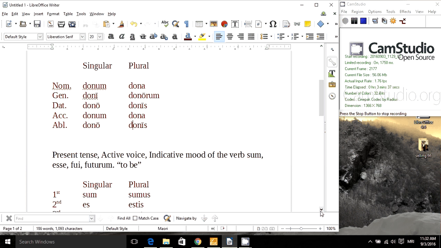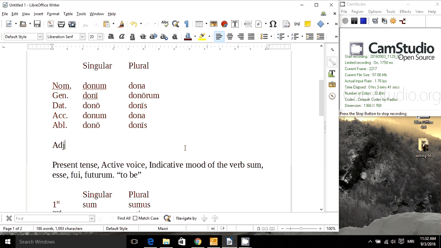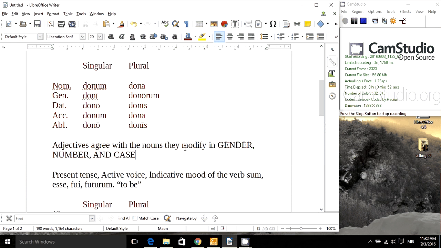Remember that. That is an important fact that will show up on a quiz sometime: adjectives agree with the nouns they modify in gender, number, and case. Very important rule.